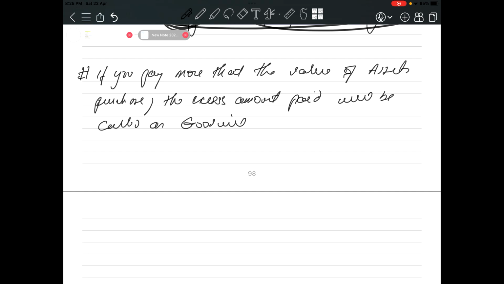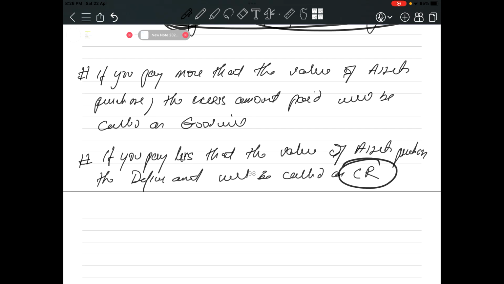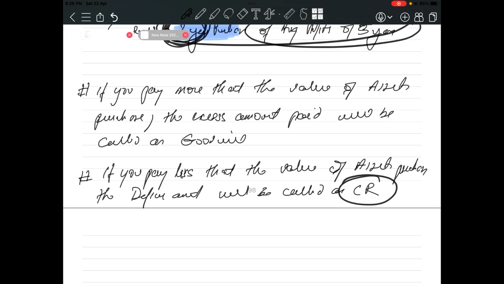Okay, the extra amount which you have paid is for the goodwill. Similarly, if you pay less than the value of assets purchased, the deficient amount will be called capital reserve. So these are two important points which you can note if you want.